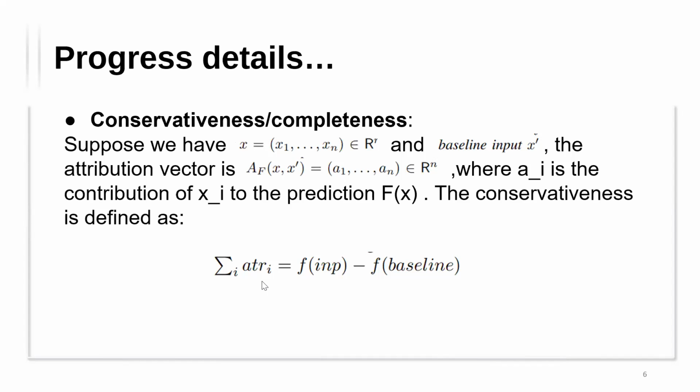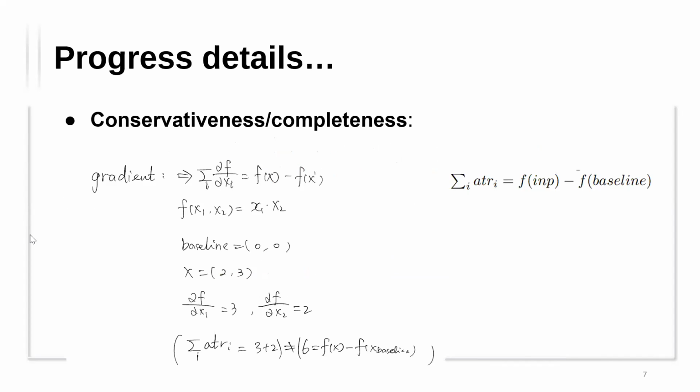For each random variable i, the sum of all the attributions should equal the output of your input minus the output of your baseline. For example, with gradient, the attribution of xi would be just the partial derivative of f with respect to xi.